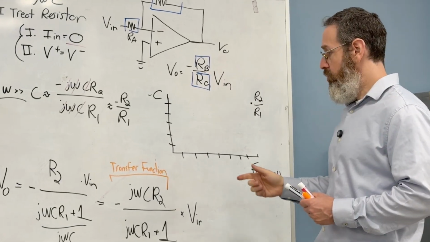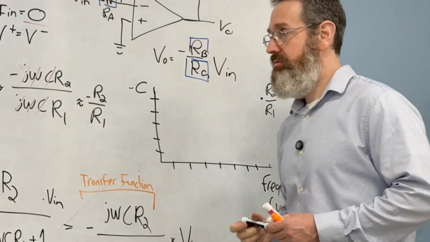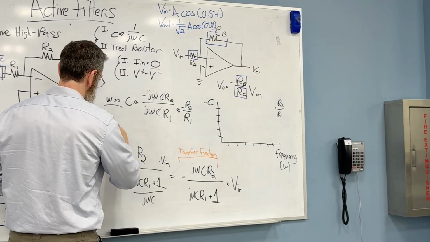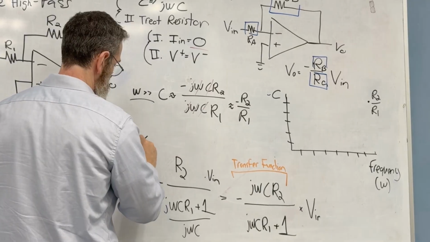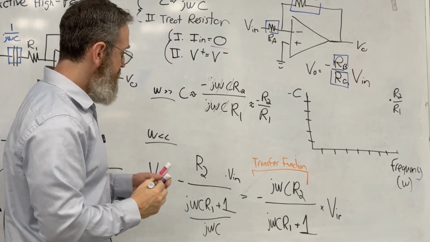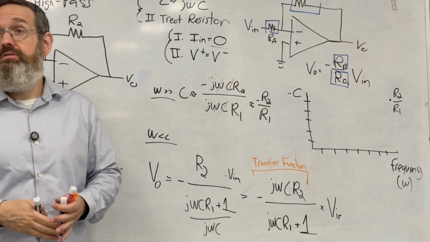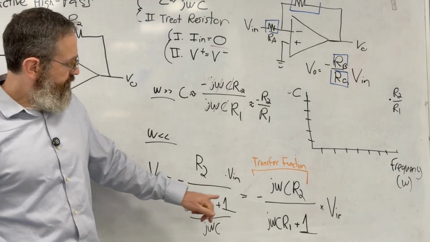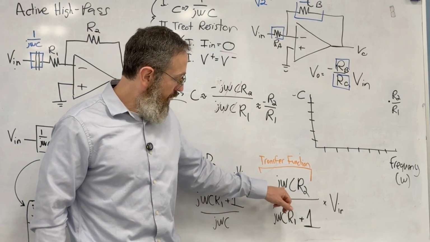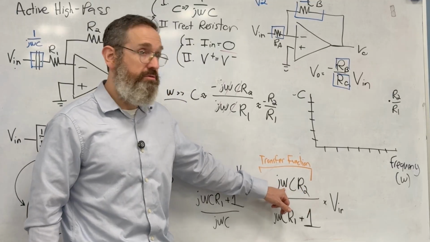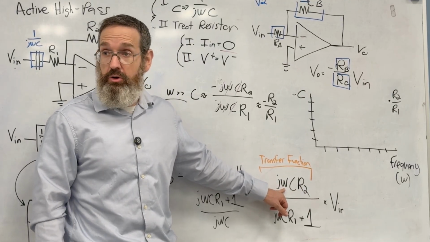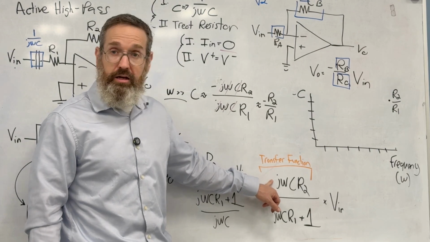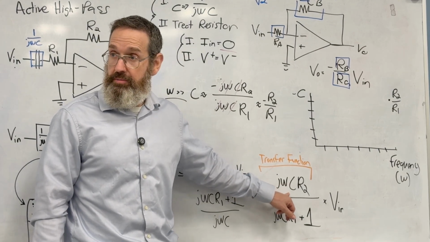Okay. What about at very low frequencies, right? So now we ask the question, what if the frequency is very low? Well, that means that this W is approaching 0. So here we have about 0 times a bunch of numbers, right? And that's going to give us a low number. Yes, an imaginary number, but a very small number, right?